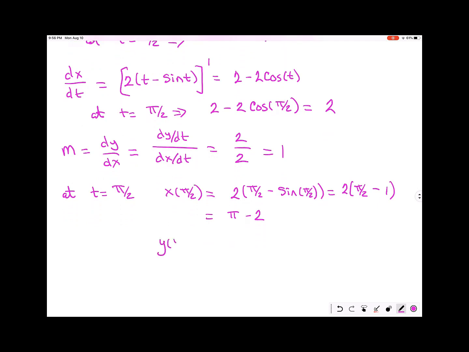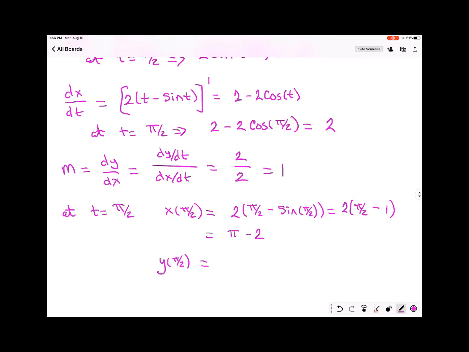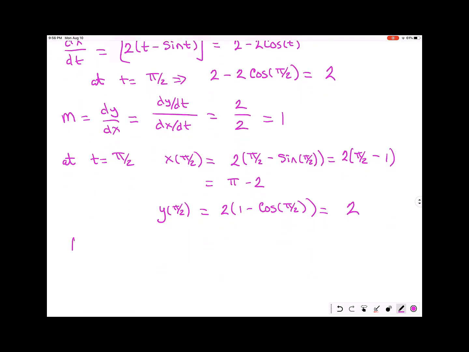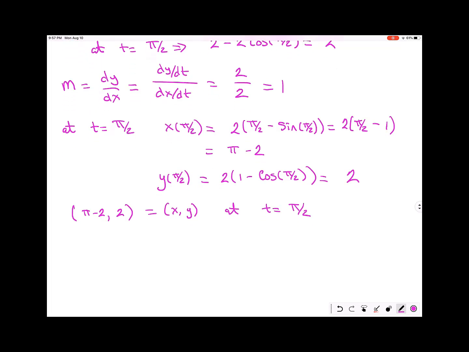And then also with y of pi over 2, we would have 2 times 1 minus the cosine of pi over 2, and that's just equal to 2. So our x coordinate would be pi minus 2, and our y coordinate would be 2. That would be our xy coordinate at t equals pi over 2.